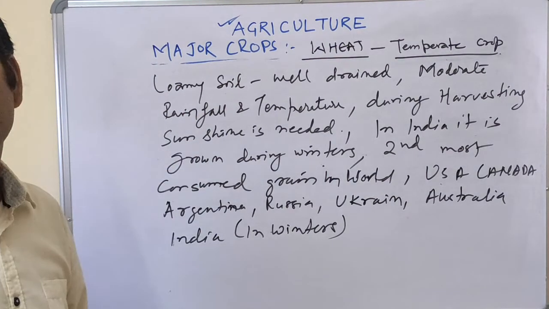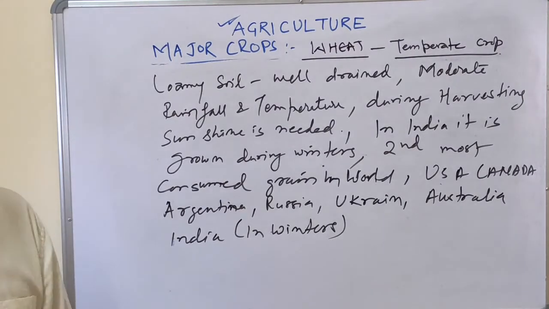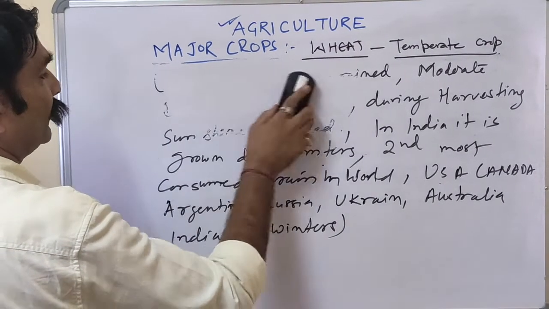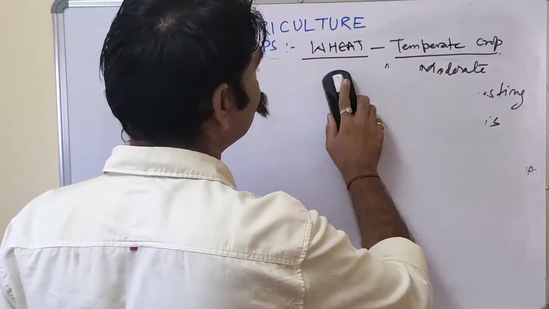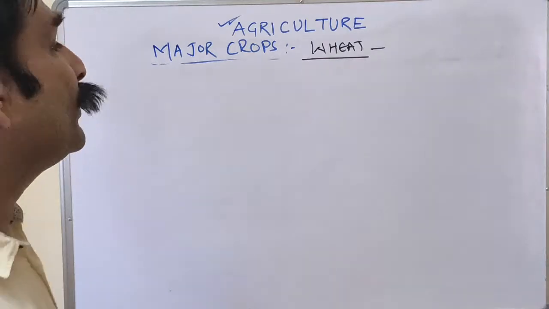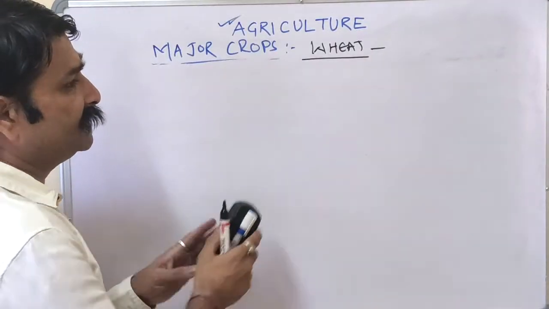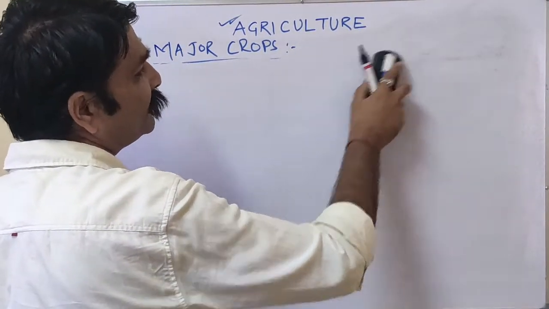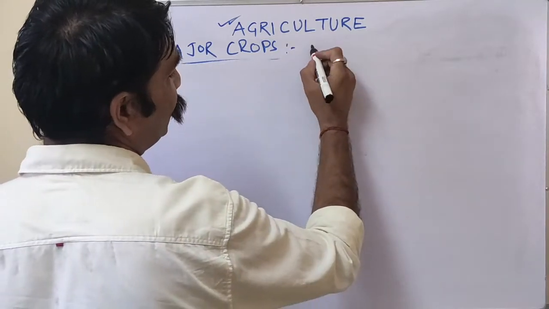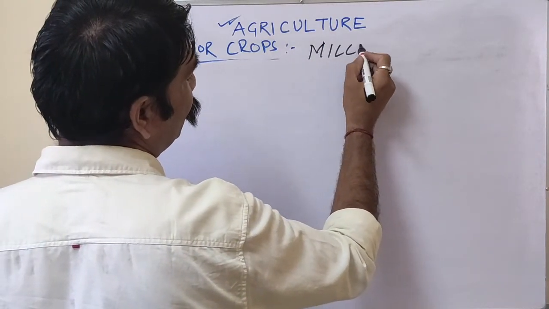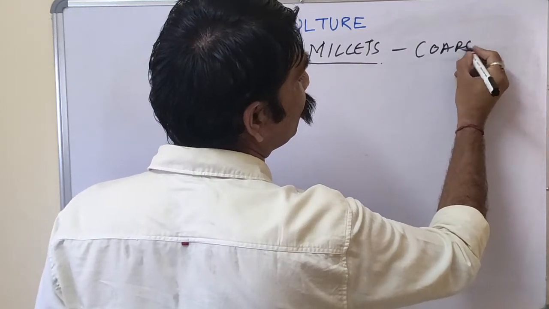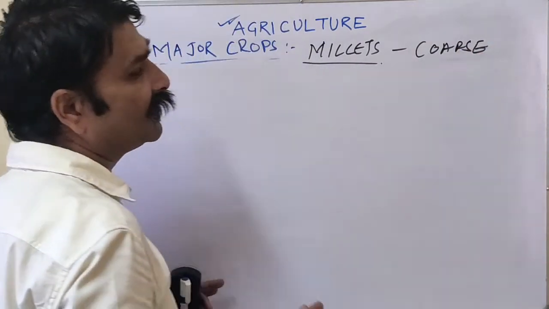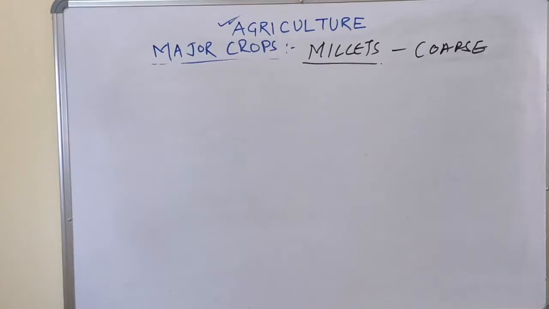Now we move ahead with one more crop that is known as millets. It is a group of crops, and they are known as millets. They are known as coarse crops also.